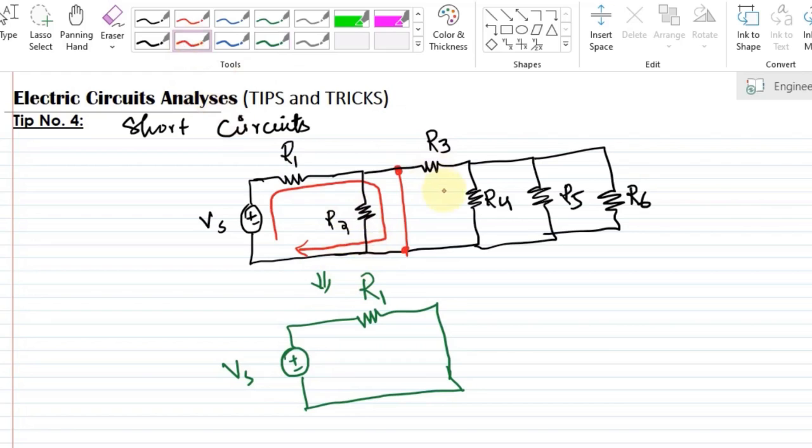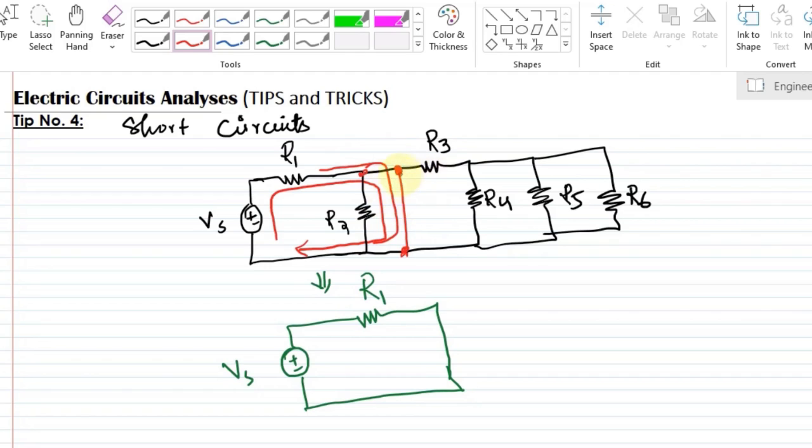It is just because whenever we short circuit two terminals of any circuit, when a current tries to come here and divide through any junction, it will follow the path in which it finds a very low resistance.